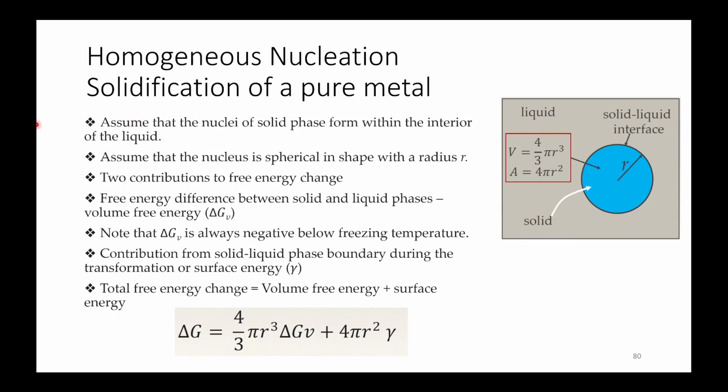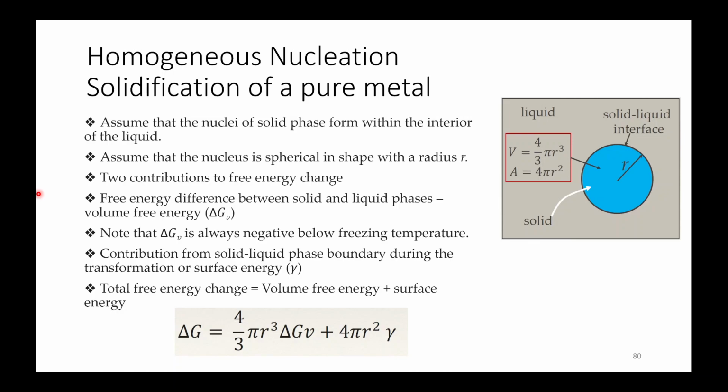Homogeneous nucleation, solidification of a pure metal. So here we assume the nuclei to be spherical in shape and having radius r. So there are two contributions to free energy change.